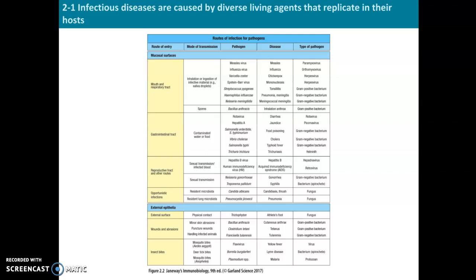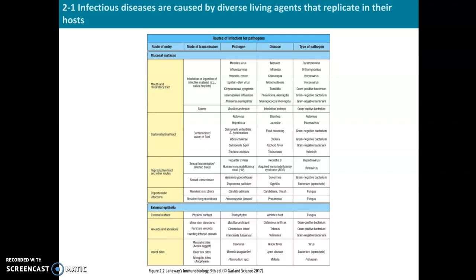Clostridium tetani causes tetanus. Usually you're going to get tetanus if you step on a rusty nail or something like that. You can also get tetanus from animal bites, and those are gram-positive bacteria. And you can also get viruses from insect bites.